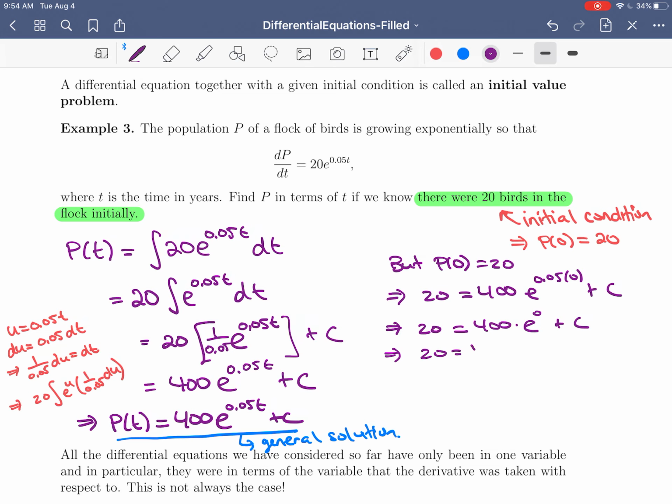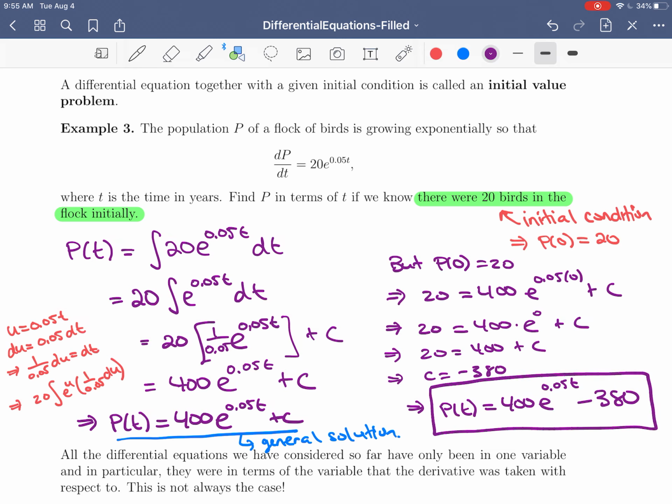So that means that 20 is equal to 400 plus c, which means that c has to be negative 380. So our particular solution, P of t, should be 400 e to the 0.05 t minus 380. So that would be our particular solution.